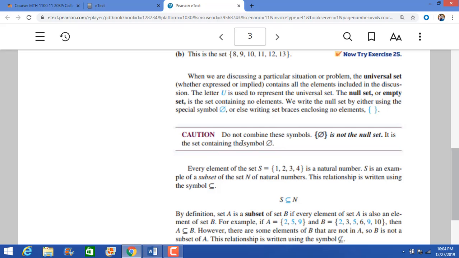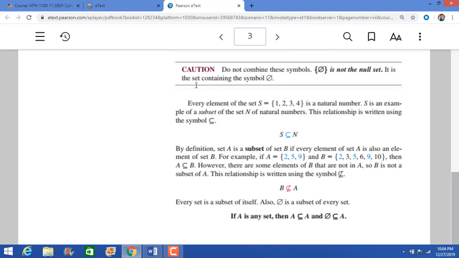It is a set that contains the null set, or containing the symbol. So do not combine these symbols. So just be careful with that.